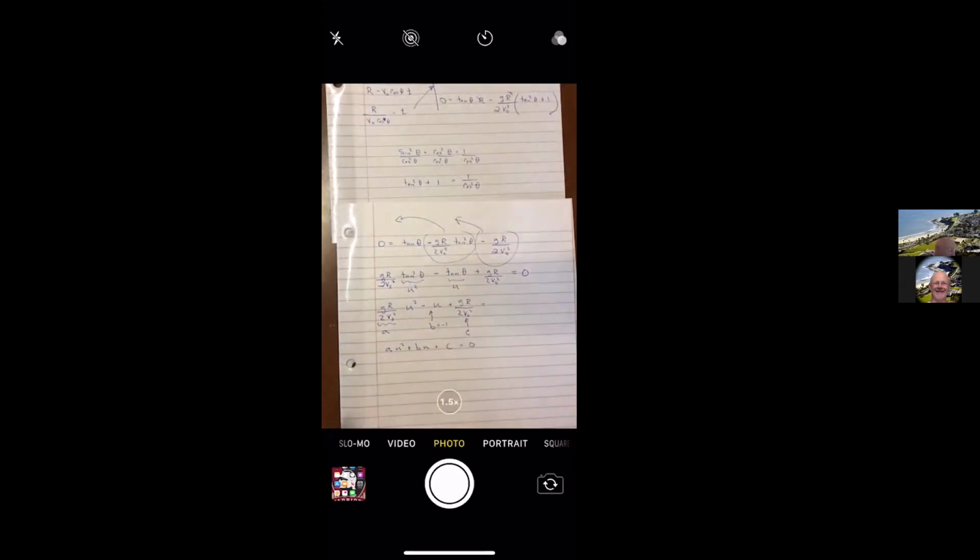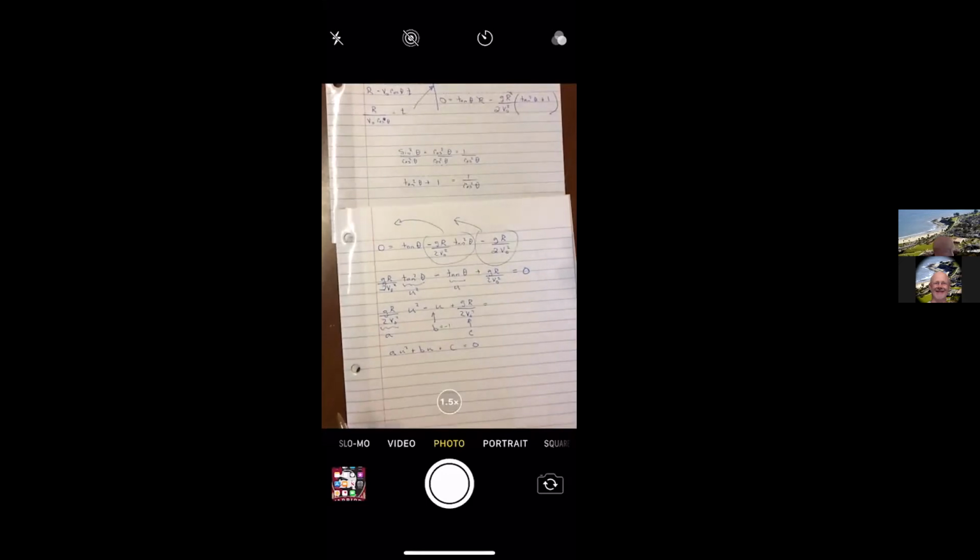You've got the standard form for a quadratic equation. And so that means u equals minus b, plus or minus the square root of b squared minus 4ac all over 2a.